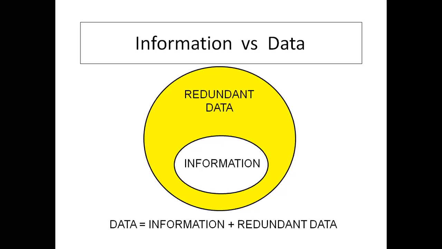So now the data is equal to information plus redundant data. Both can be considered as data. So the same information can be conveyed by using different amounts of data, because the redundancy may change.